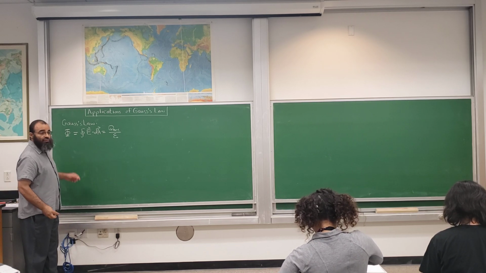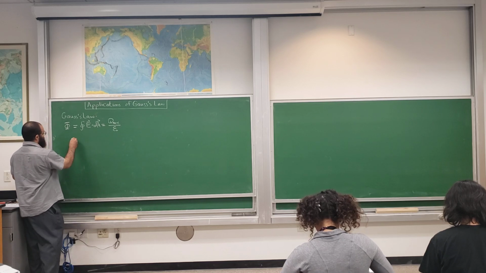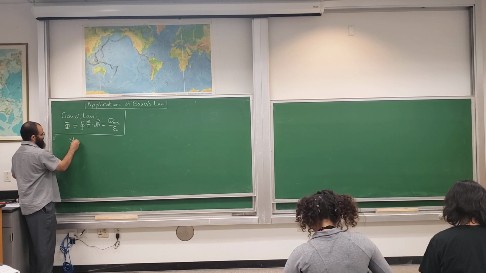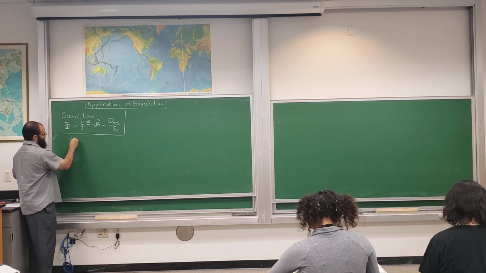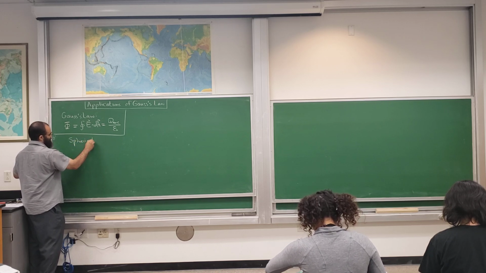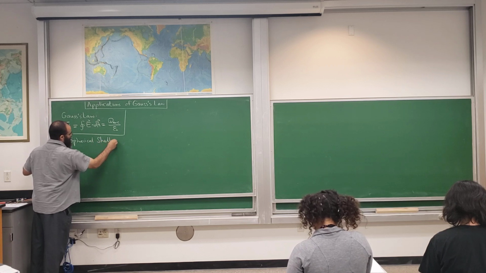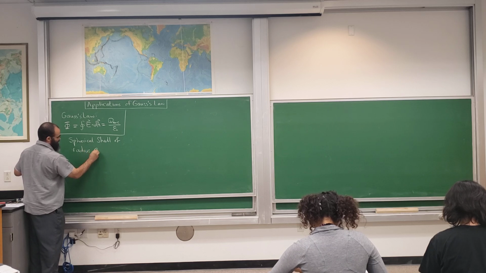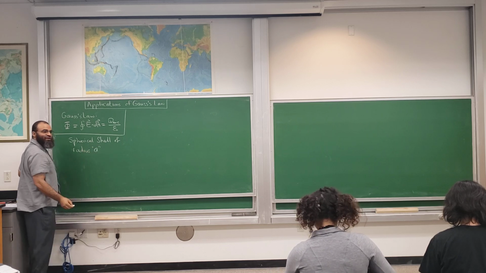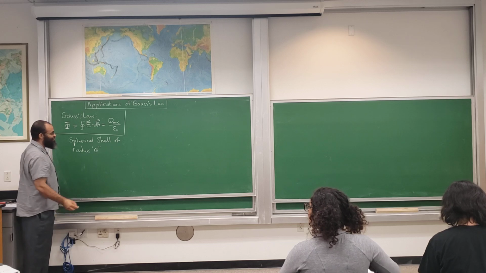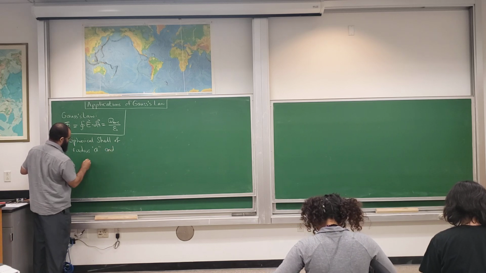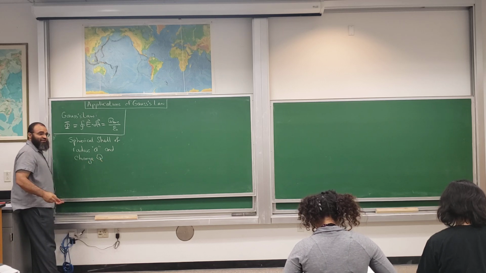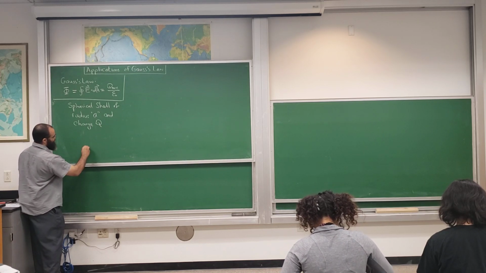Okay. So, spherical shell. Here's a spherical shell of radius A. For a change, the radius of the shell is going to be A, not R. And charge Q. So here's the shell.